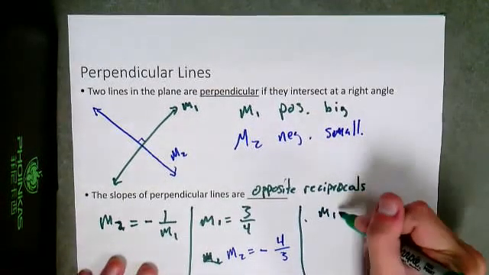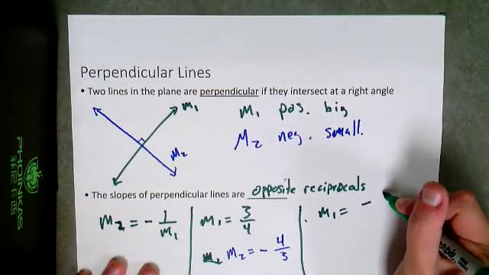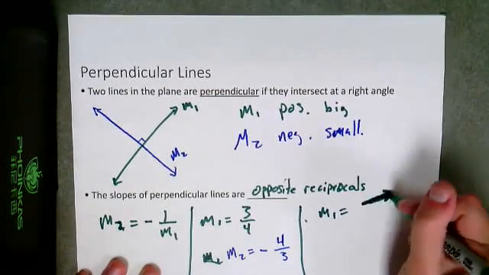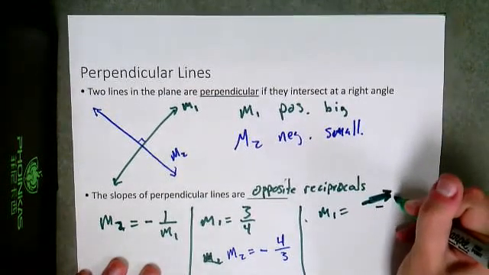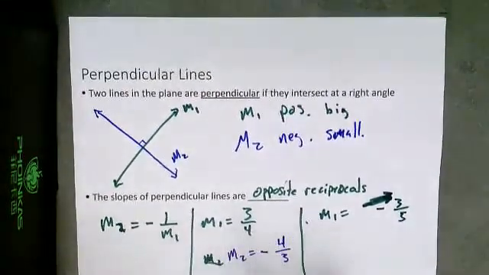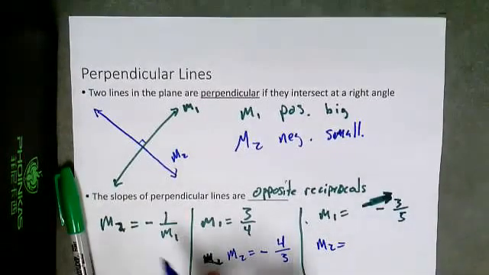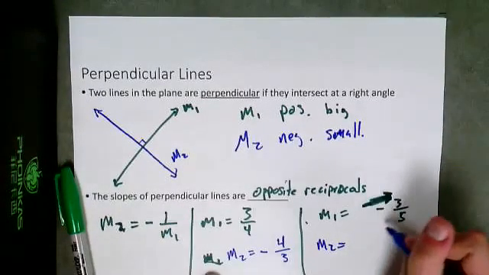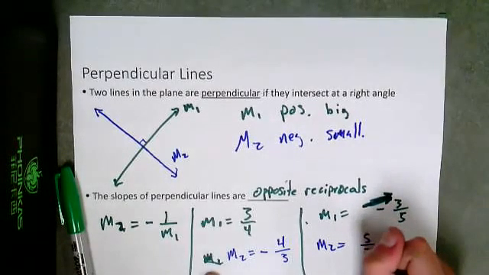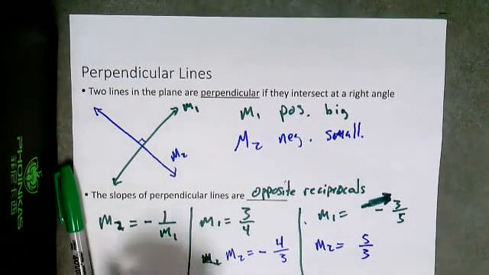If M1 is equal to negative 3/5, then M2 is equal to the negative reciprocal. So it's the negative of a negative, which turns it positive, and 5/3, the reciprocal.